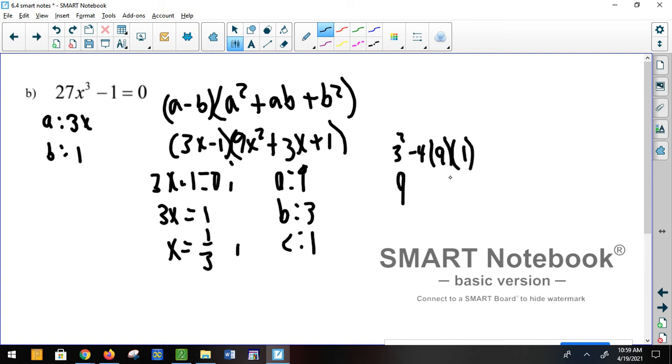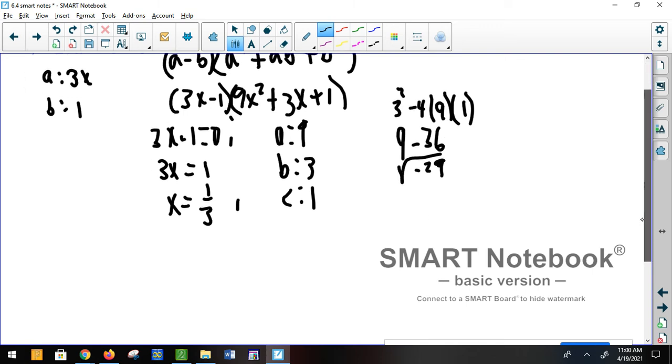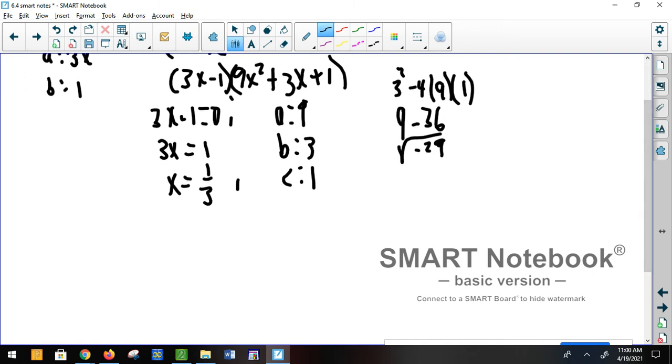Then 4 times 9 is 36. 9 minus 36 is negative 27. All right, square root of that. That can get simplified. You can take a negative 9 out, and it gets to be 3i, and then the 3 stays. So it's 3i root 3.